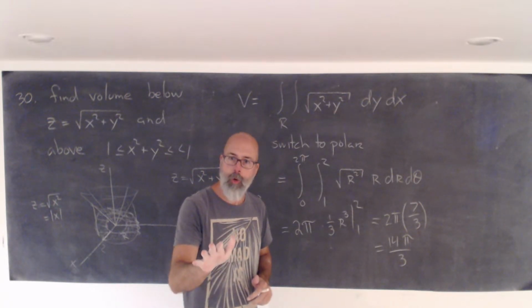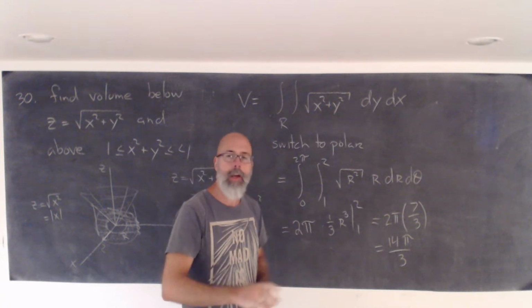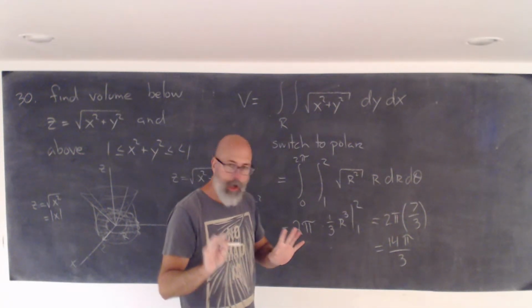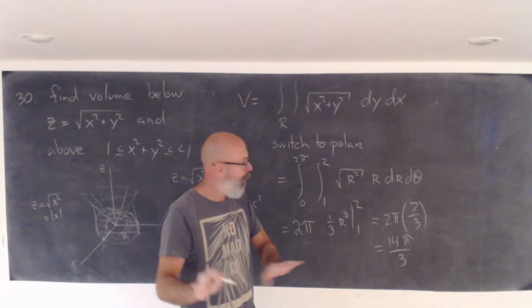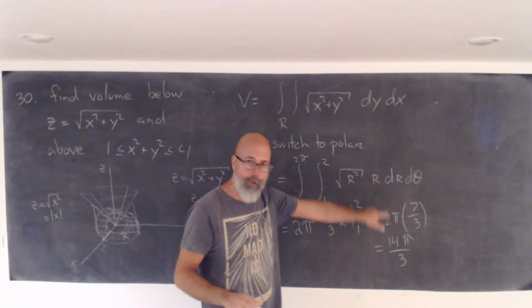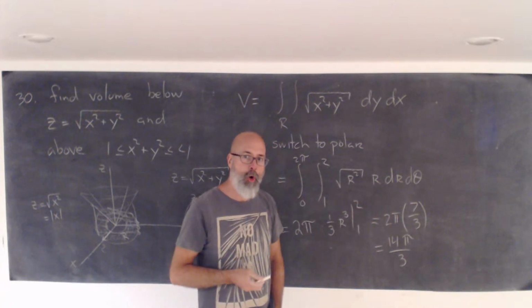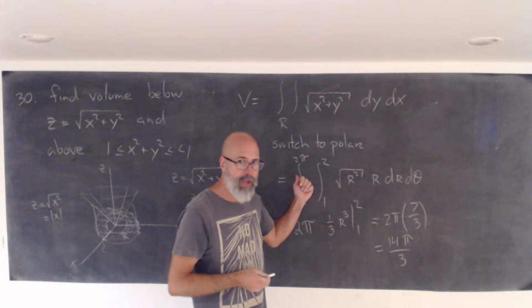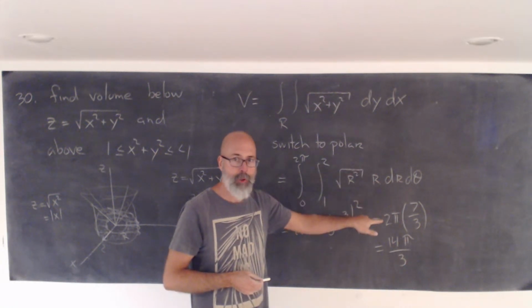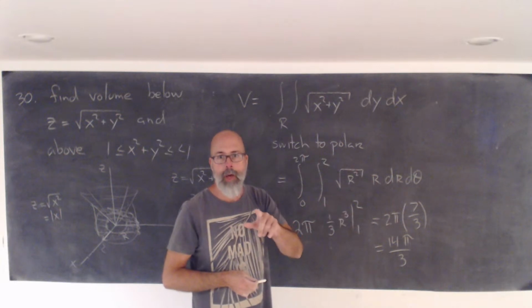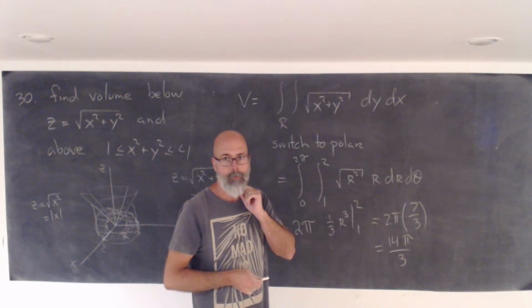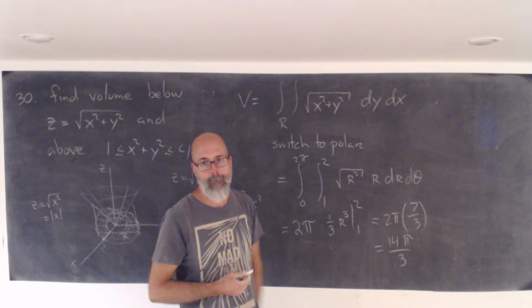I know some of you are going to want to, and I'll be fine with it as long as you remember that it's absolute value of the Jacobian. Because if you're working with negative r's and you don't have absolute value of a Jacobian, we're going to have an issue. So keep that in mind.